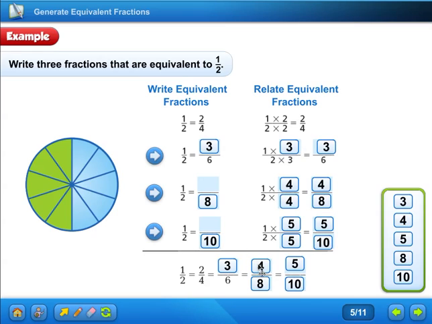They're all equivalent fractions. So now we know that multiplying can help us to find equivalent fractions. I hope this helped you.